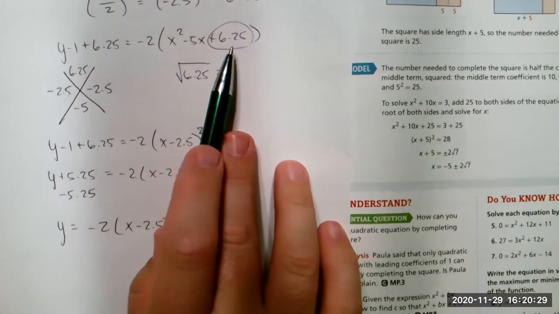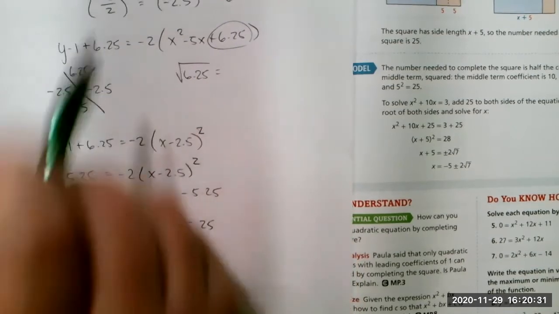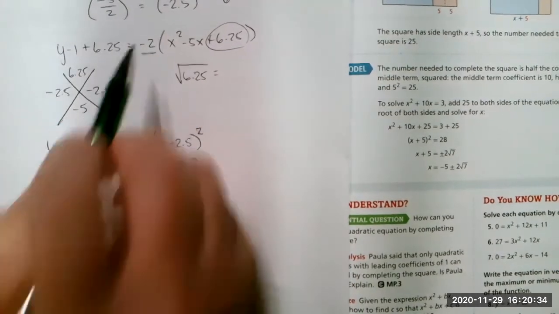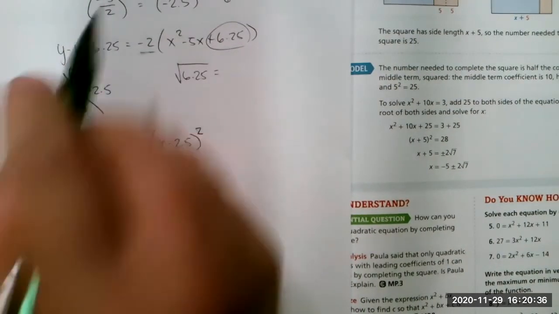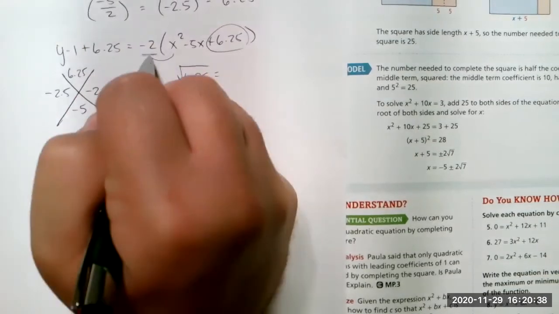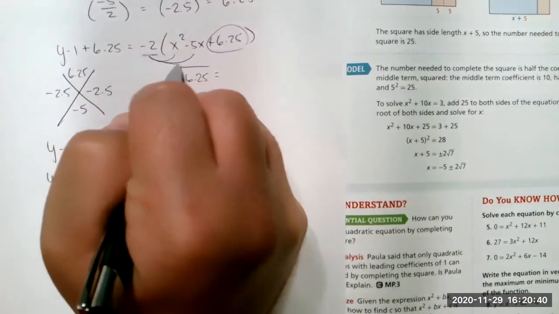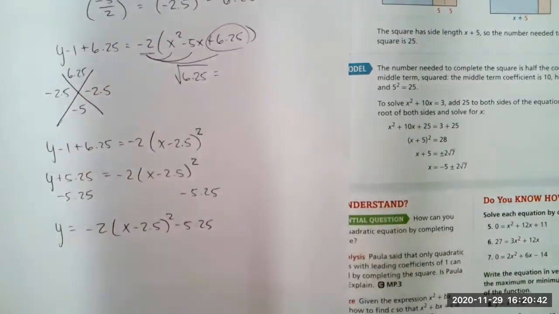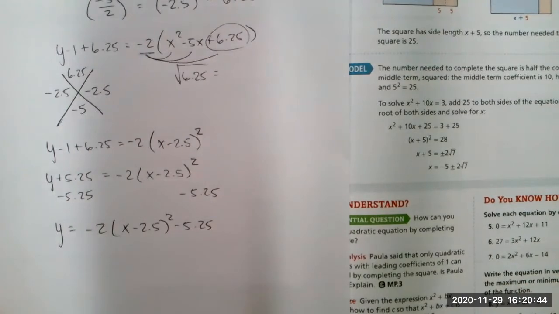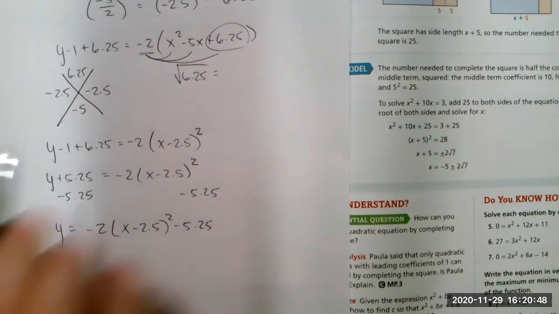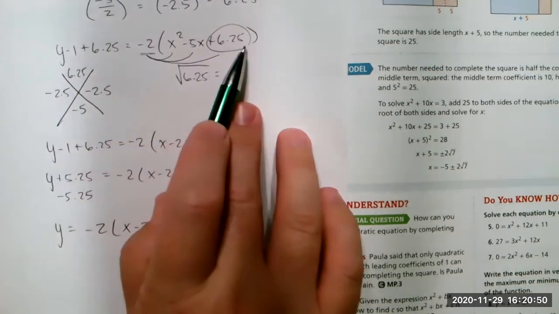But the thing that I didn't account for, that I kind of skipped past, was that negative 2. If I distribute this negative 2 inside that parentheses, is that number really 6.25 or is it negative 12.5? Because once I distribute that, that 6.25 becomes negative 12.5.